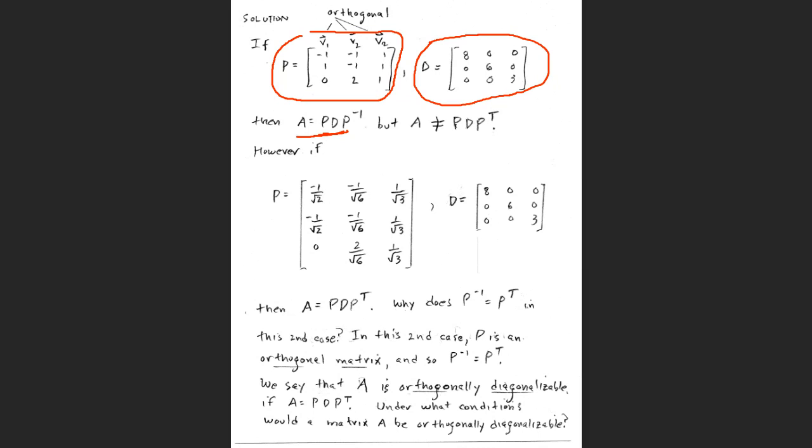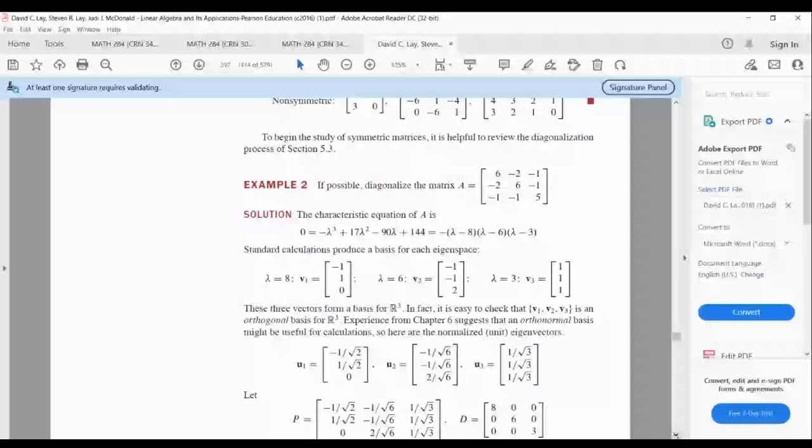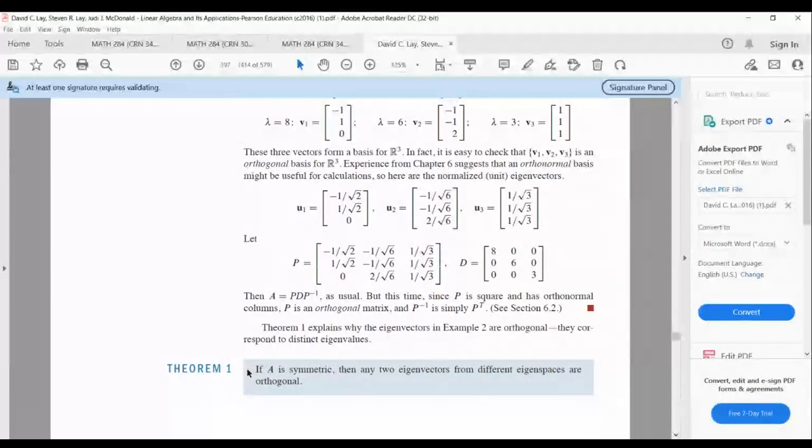When you have a symmetric matrix, any two eigenvectors from different eigenspaces are orthogonal. I will show you that quickly from the book, and then I'll come back to this. It's worth seeing, I think. Notice the eigenvectors for that symmetric matrix A were orthogonal, and that's not an accident.